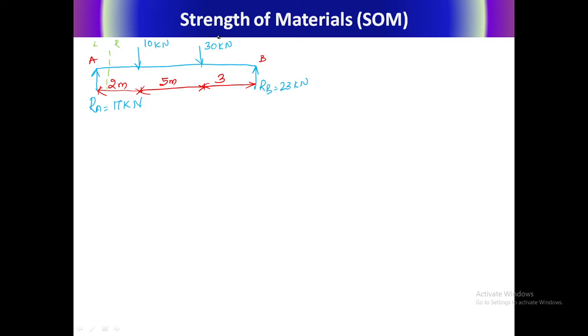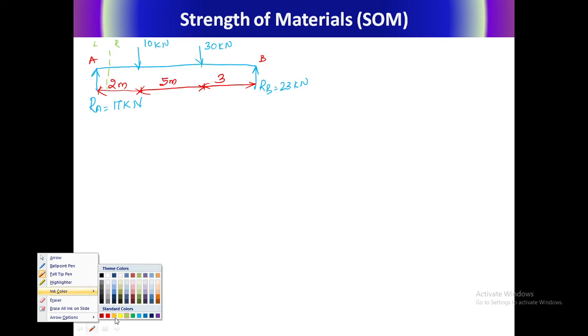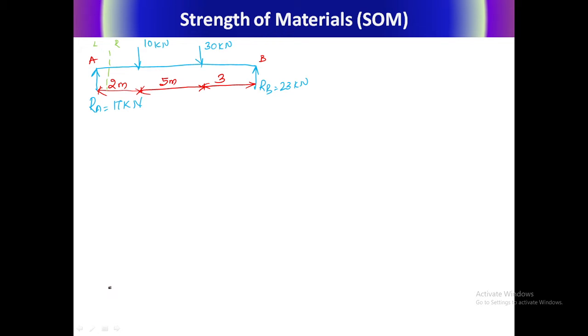Now, if we consider one more section, let us assume this has been cut into two pieces at a section XX. Now I'll draw the diagram for the portion on the left hand side as well as on the right hand side.